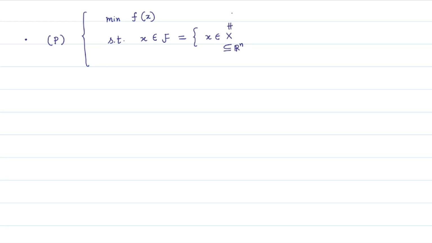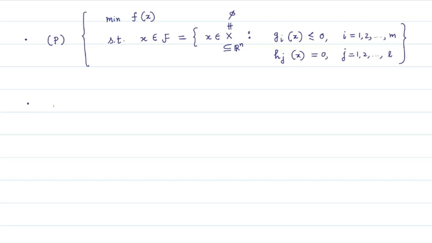This set capital X is non-empty and these x's satisfy m many inequalities g_i(x) less than or equal to 0, i from 1 to m, together with some equality constraints h_j(x) equal to 0 for j equal to 1 to, let's suppose, l many.